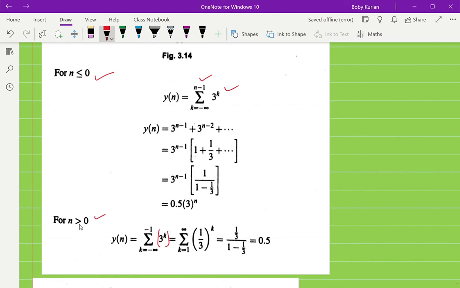If greater than 0, it is minus infinity to minus 1. If less than or equal to 0, it is minus infinity to n minus 1 of 3 raised to k. So what is minus infinity to n minus 1 of 3 raised to k? What is actually minus infinity to minus 1 of 3 raised to k?